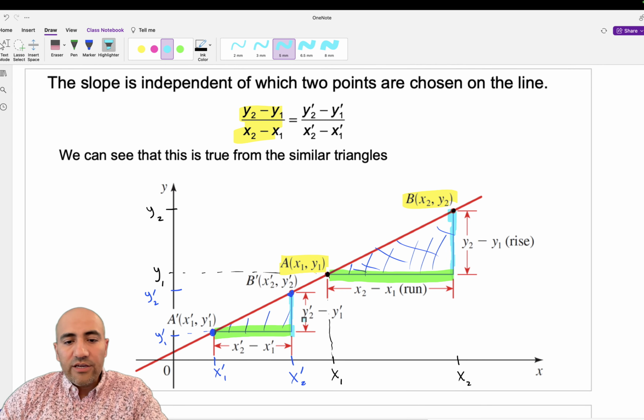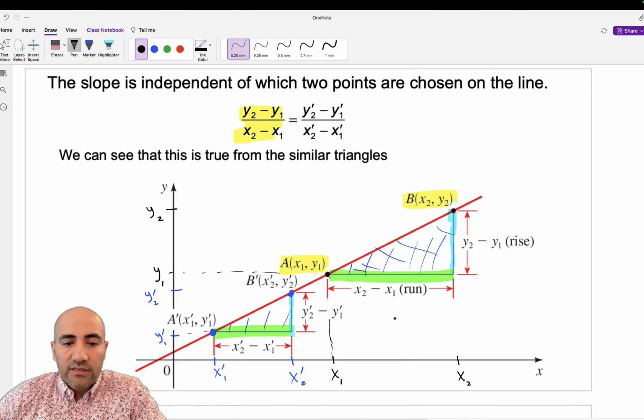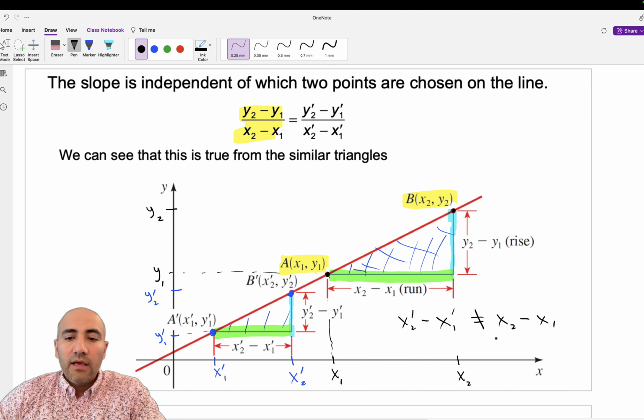So notice that x sub 2 prime minus x sub 1 prime, whatever that distance is, is not the same as this one. Clearly this one is much bigger, it does not equal x sub 2 minus x sub 1. And likewise, in this direction, y sub 2 prime minus y sub 1 prime does not equal y sub 2 minus y sub 1.